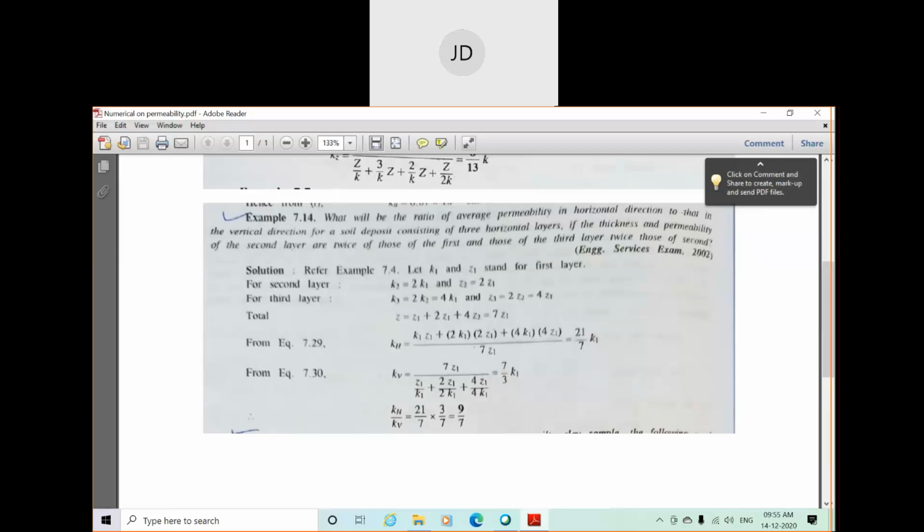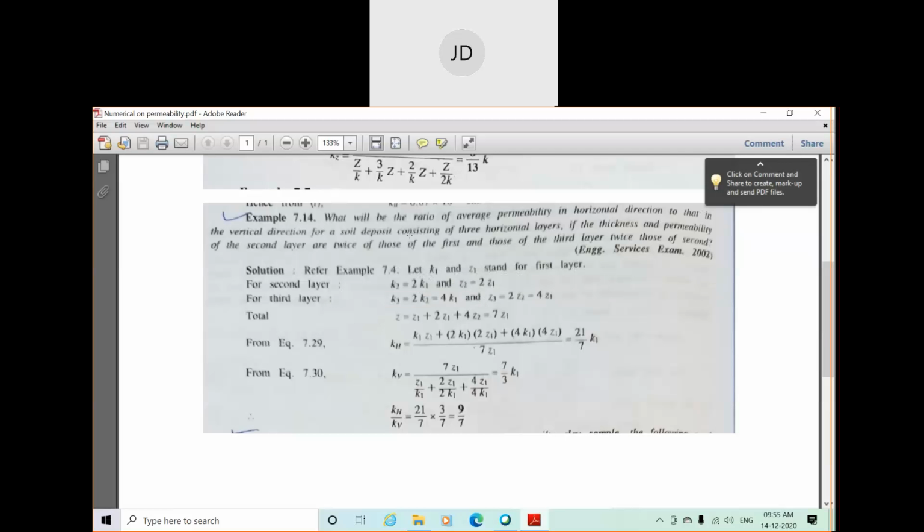Okay, maybe the language may be complicated, but as with the first problem, the statement is also very simple. Just try to concentrate on each and every line in this problem. You will find the answer very easily. So here, say K1 and Z1 are the coefficient of permeability and thickness of the first layer. Now you just have to follow the conditions.